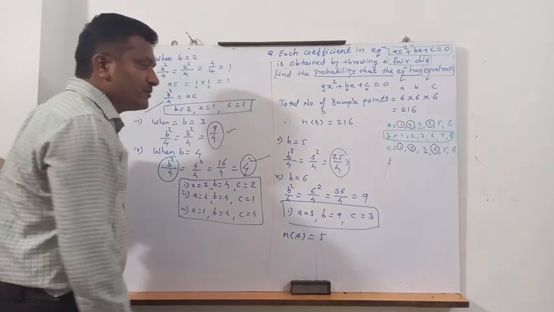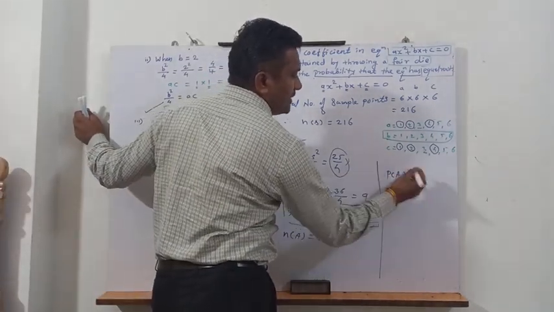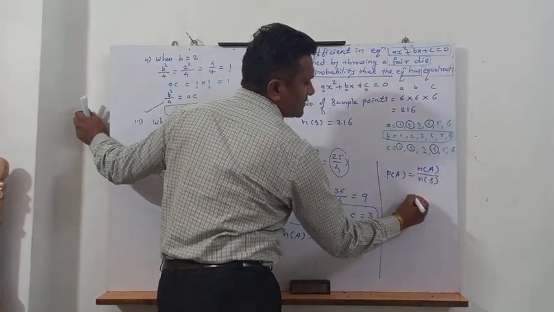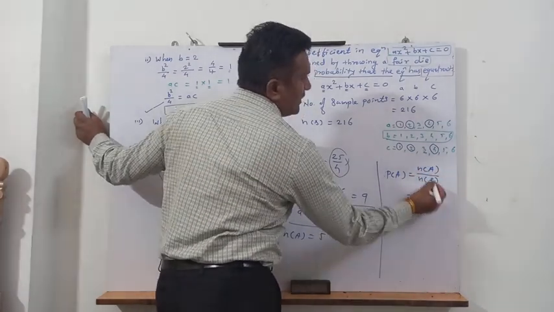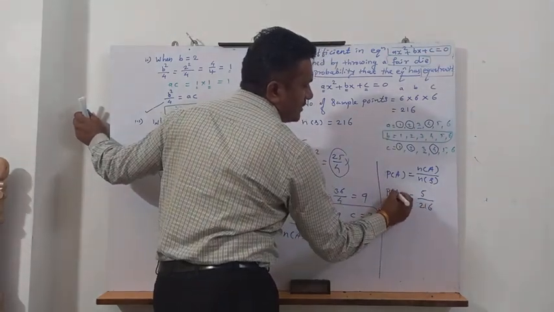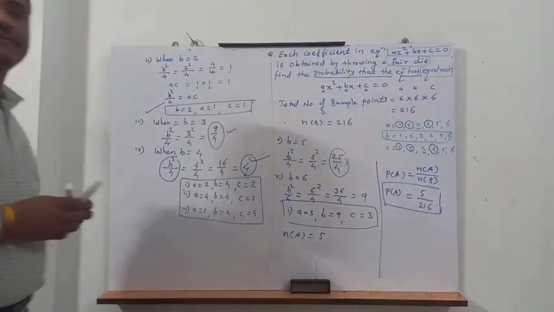Now we want to find out the probability of that particular event A. P of A will be equal to what? Number of A upon number of S. So number of A is 5 and number of S is 216. So this is the probability of that particular event. Easy? Thank you.